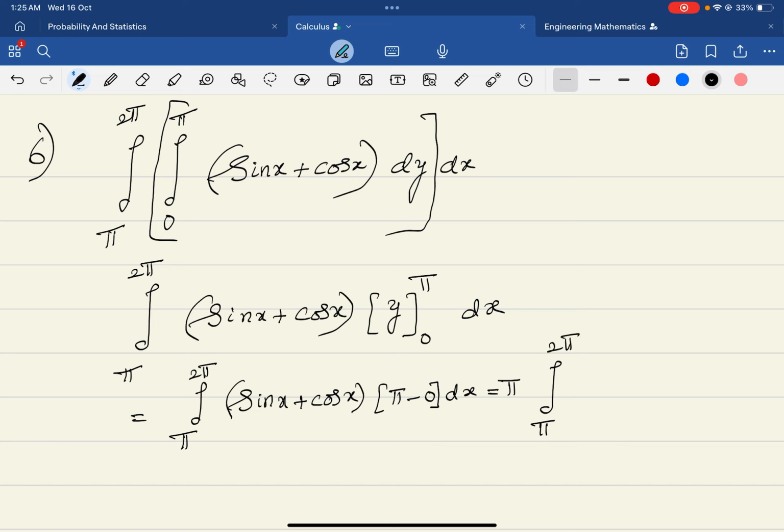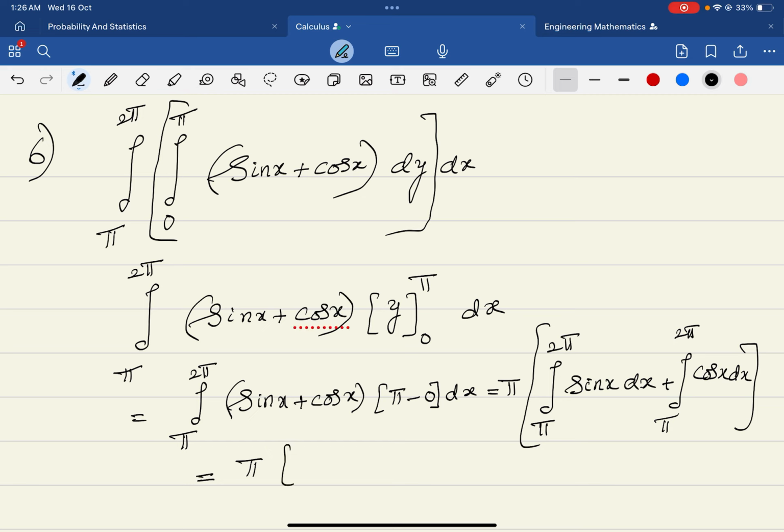You can split it or you can do it the normal way also: integral pi to 2 pi of sin x dx plus integral pi to 2 pi of cosine x dx. You can split like this or do it normally, no problem. Now it is pi times, integral of sin x is what? It is minus cosine x, within the limits from pi to 2 pi. And then plus integral of cosine x is sin x, the limits of sin x being from pi to 2 pi.